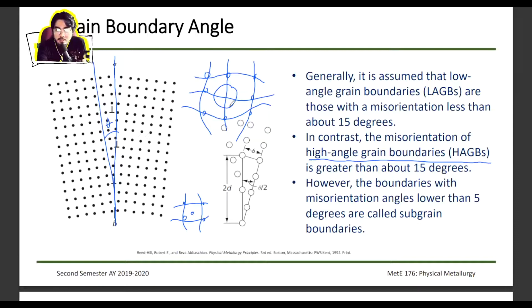Itong mga strain fields is one of them. Itong interstitial atoms is also another way to hinder dislocations. Dislocations themselves are also hindrances to themselves, kasi if you produce a dislocation forest, nagkakaroon tayo ng hindrances to the movement of the dislocations.